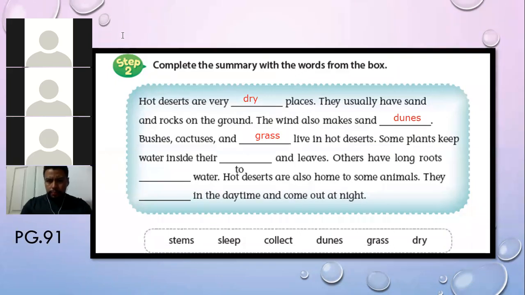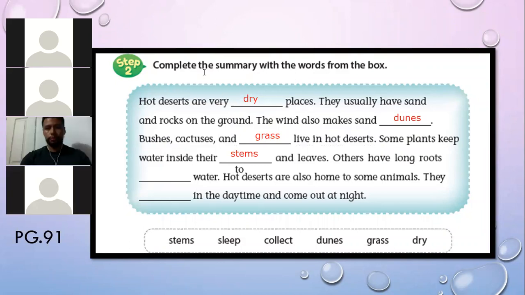Some plants keep water inside their stems and leaves. Stems and leaves. Exactly, it's part of the plant. All right, another volunteer. Okay, go ahead. Continue reading, please. Others have long roots to collect water.